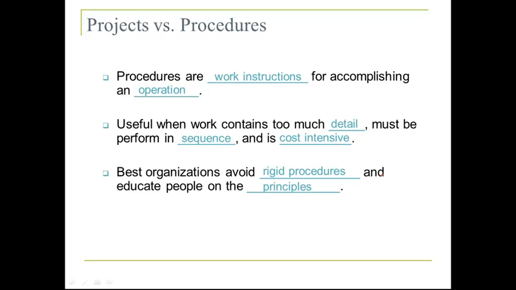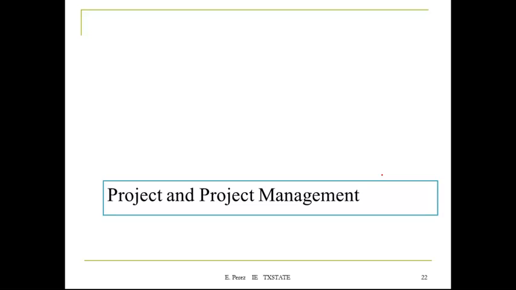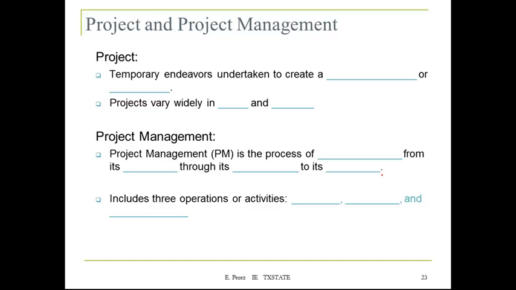Okay, good. So those are different. Now let's talk about project and project management. Again, let's go back to defining a project. Temporary endeavors undertaken to create a unique product or service. And this can vary in size and type.